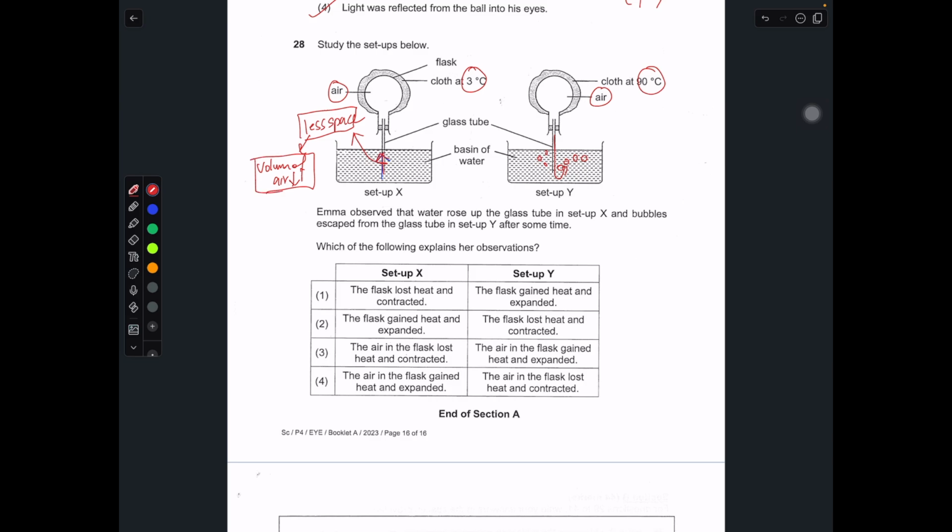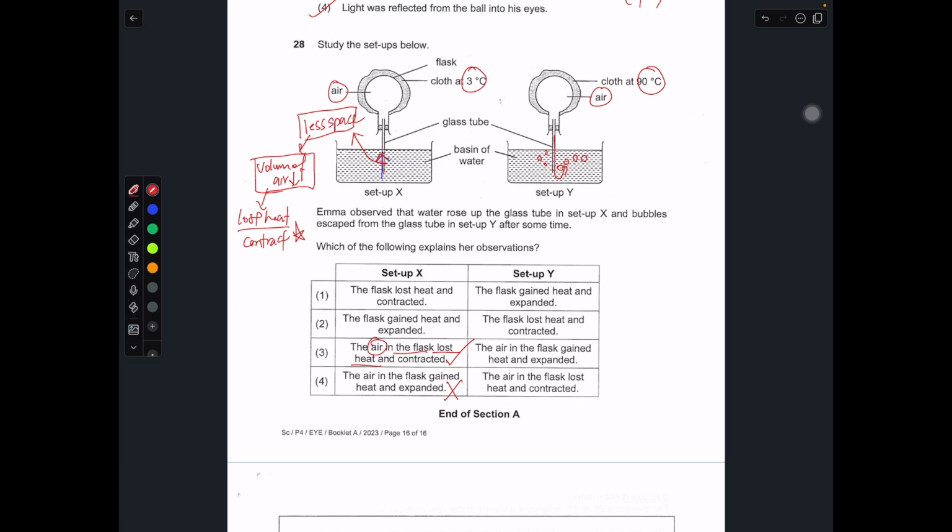You did not remove any, so some process must have taken place. This is your lose heat and contract. The air inside lose heat and contract. The volume becomes smaller, so the water went into the tube to occupy whatever space they can occupy. Okay, so it's this: the air in the flask lose heat and contract.